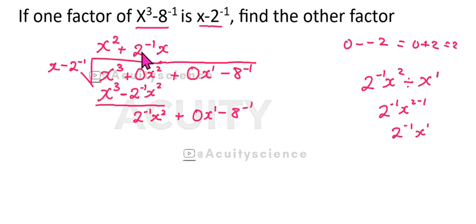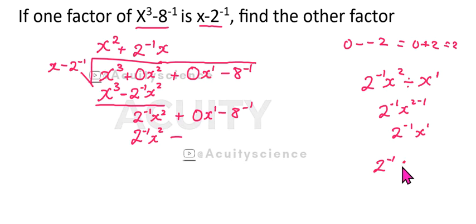And then now we multiply back. This times this, of course, will give us this back: 2 raised to power minus 1, x raised to power 2. Now this times this. Before then, let's put in the right sign. Plus times minus, our sign will be negative. Then 2 raised to power minus 1 times 2 raised to power minus 1.